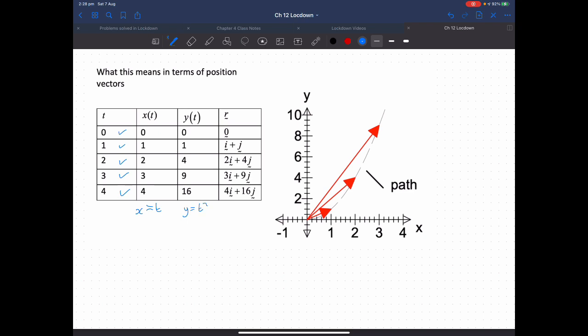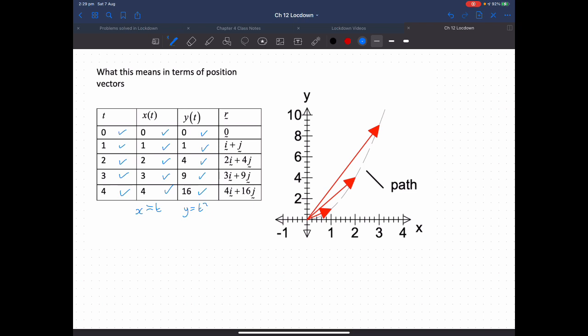So substituting x equals t, when t is 0, x is 0. When t is 1, x is 1, and so on down. Similarly, when I substitute 0 for t in t squared, y will equal 0. Y will equal 1, 4, 9, 16.